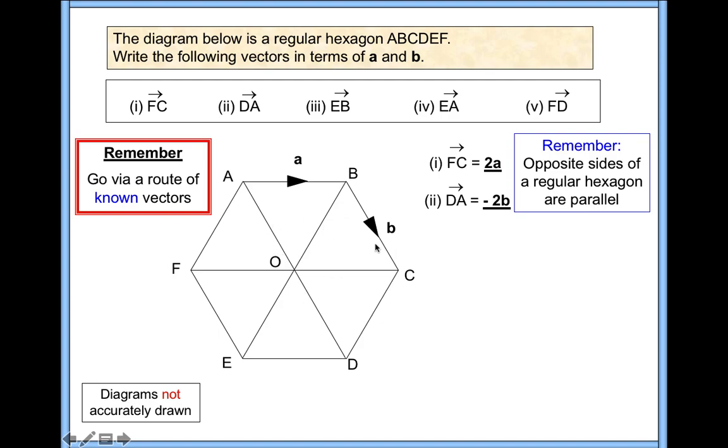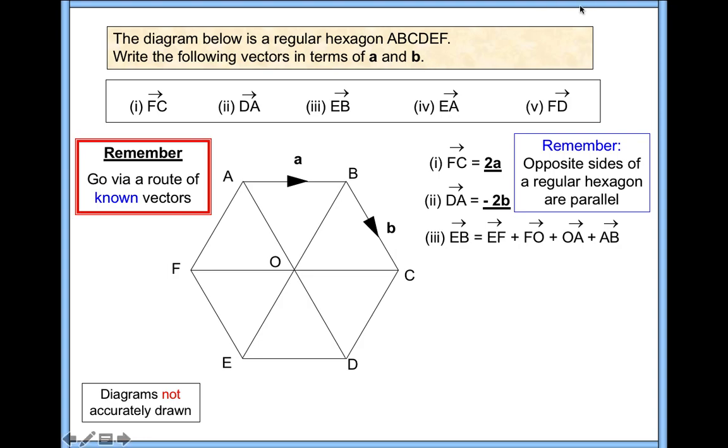See these two, the side BC and diagonal AD are parallel. So that means this diagonal AD is double of side BC as per the rule of hexagon. In this case you need vector DA, so vector DA is in the opposite direction to vector BC. So it will be negative 2B. Negative B plus negative B, it will be negative 2B. Now students, we will speak about vector EB.